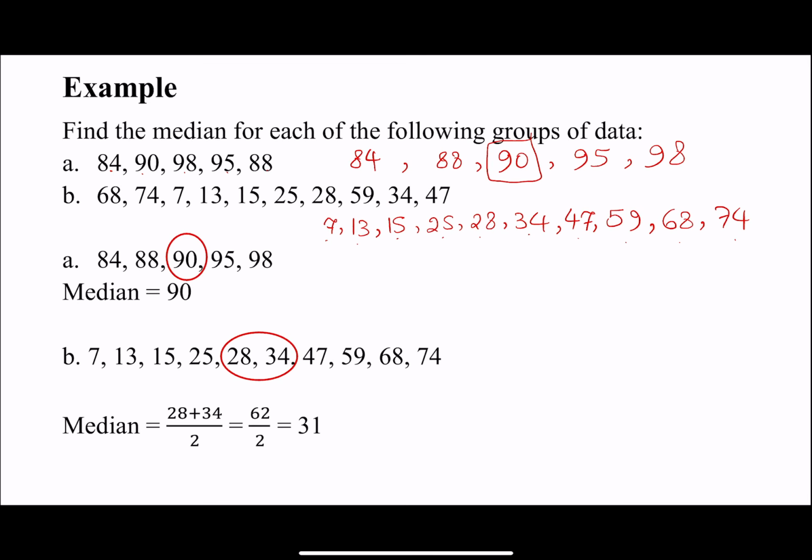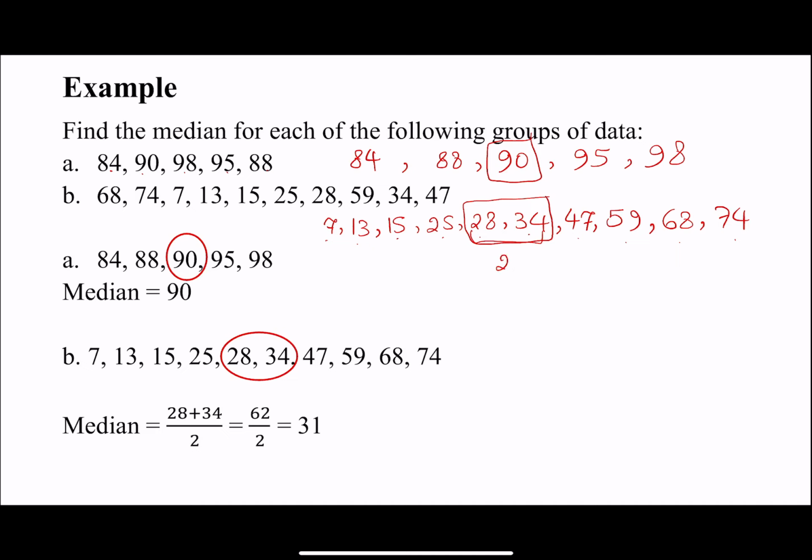It means two data items sit right in the middle. So 1, 2, 3, 4. Okay, these two and 1, 2, 3, 4. Okay, I have 4 items on the right, 4 items on the left. As you see, two data items sit right in the middle, 28 and 34. What should I do to find the median? I take the mean value between these two.